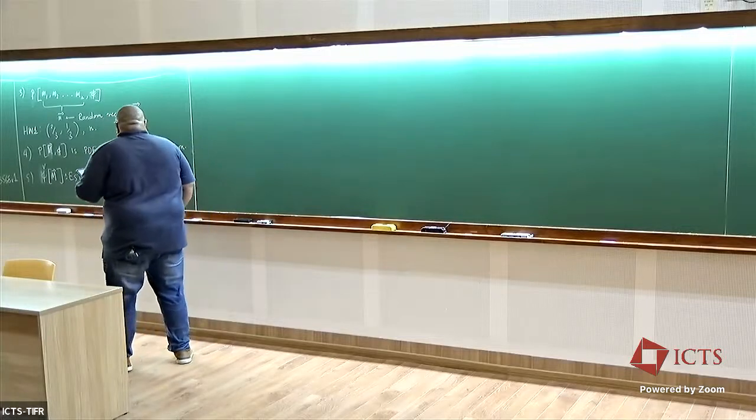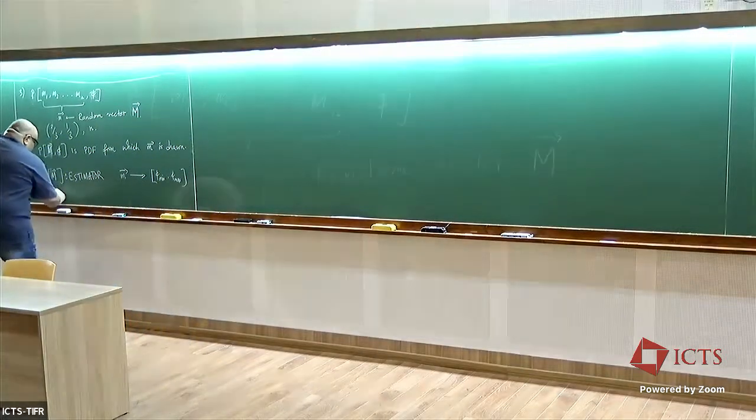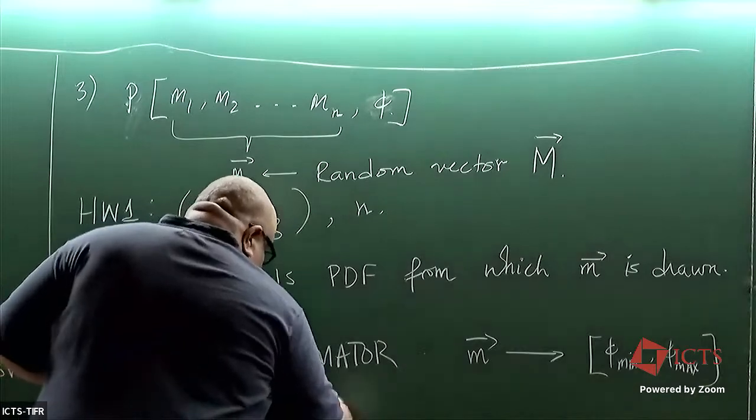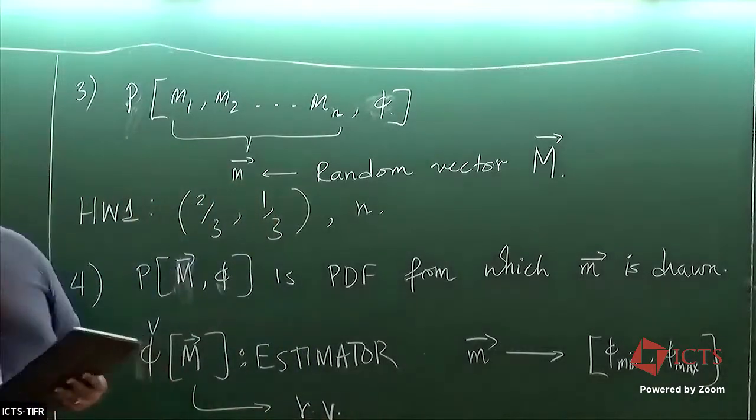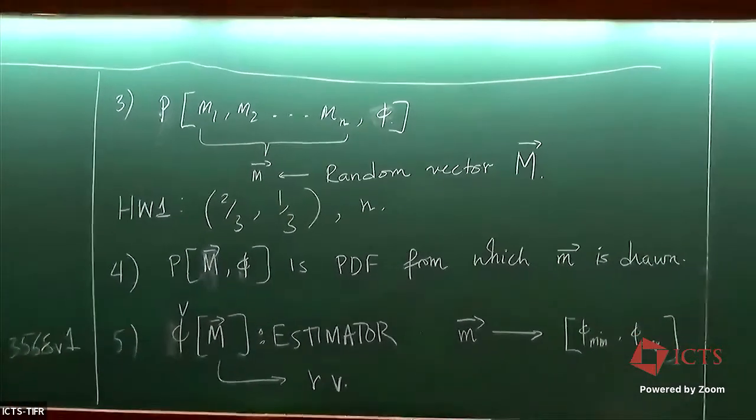So this object, this estimator, is also a random variable. And it has several properties, of which there are two key properties that I want to talk about right now. One of them is that it's a random variable. And the second is that it depends on nothing except the data that you provided.